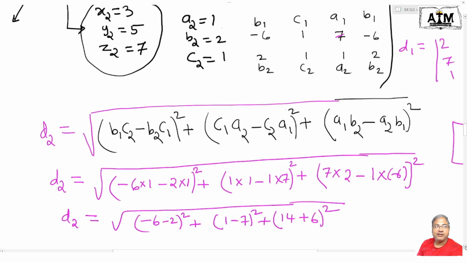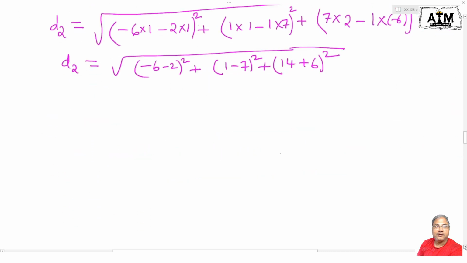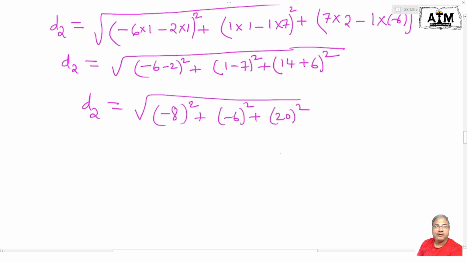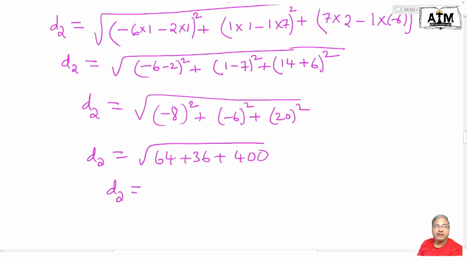Simplifying further, d2 equals the square root of (-8) square plus (-6) square plus 20 square. So d2 equals the square root of 64 plus 36 plus 400, which is the square root of 500. This is nothing but 5 into 100 under root, which equals 10 root 5.